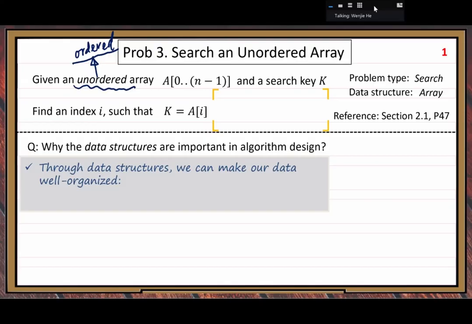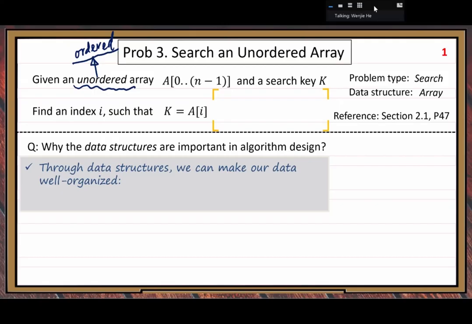Then we can apply binary search to find the data faster, right? After you arrange your data in order, you can apply binary search. If unordered, you cannot apply binary search. That's slower.